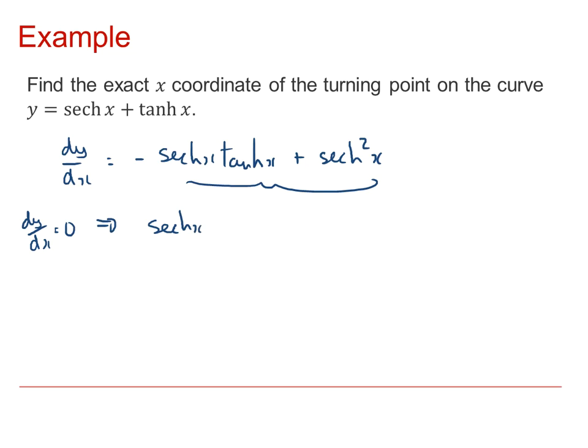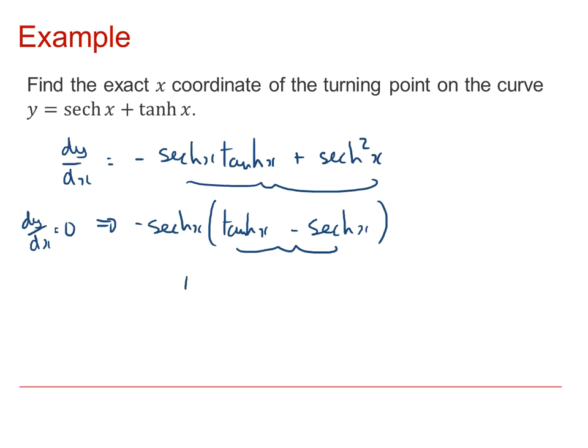If I take out negative, I get inside the bracket then tanh x minus sech x. Well, we know that sech x can't be equal to 0, so therefore we have that this bracket must be equal to 0, and so sech x must be equal to tanh x.